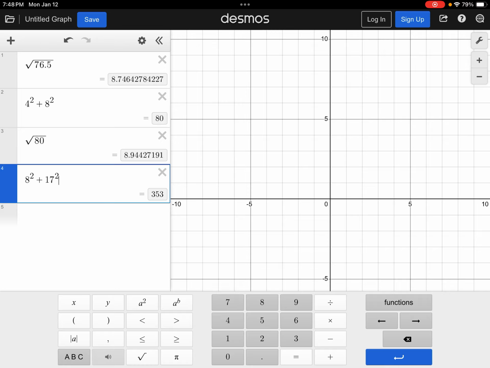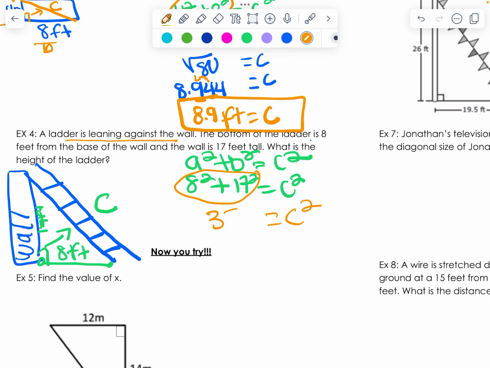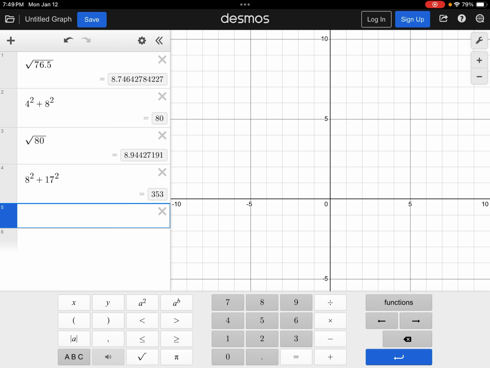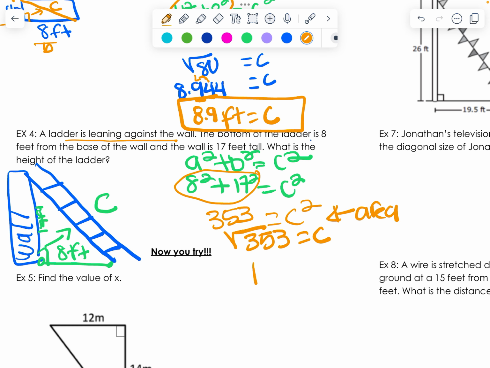Oops, it's 353. And then that represents your area again. So we have to undo it by finding the square root of 353 to find your C. So I'm going to go back to Desmos and put the square root of 353. And I'm going to write this number, 18.788.